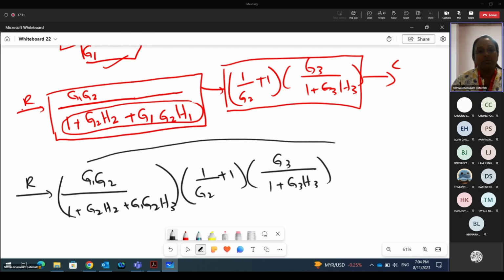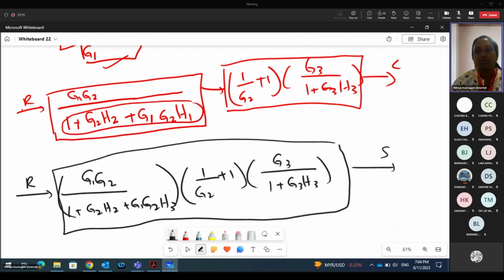This is the new block diagram. Output C.